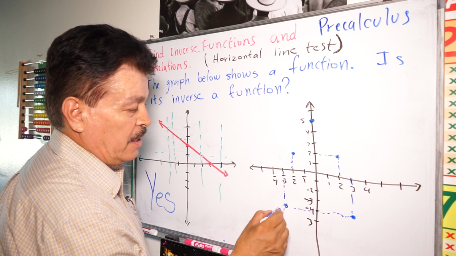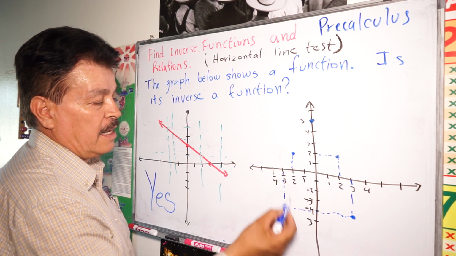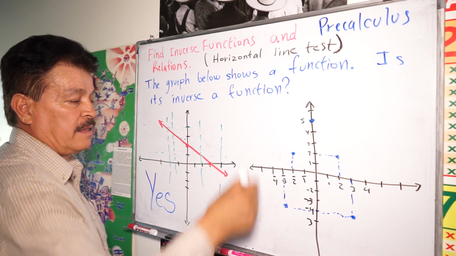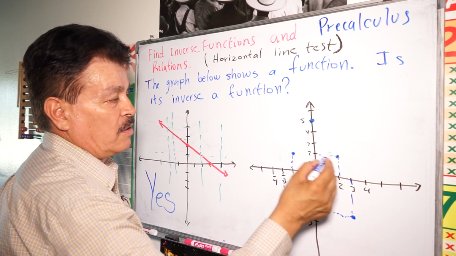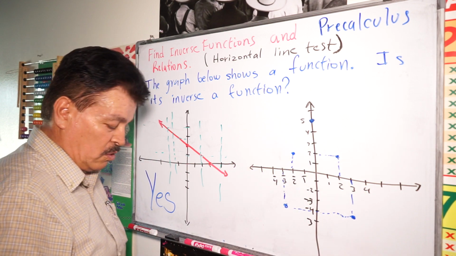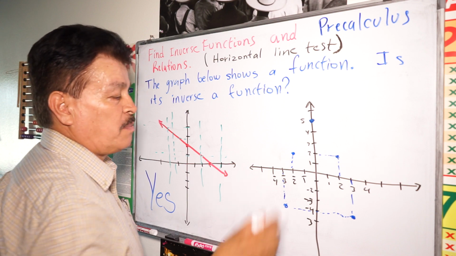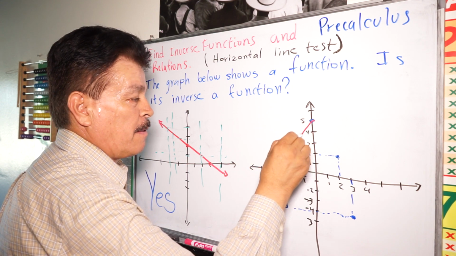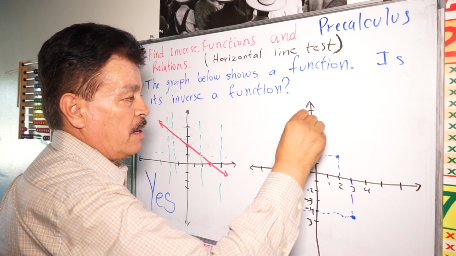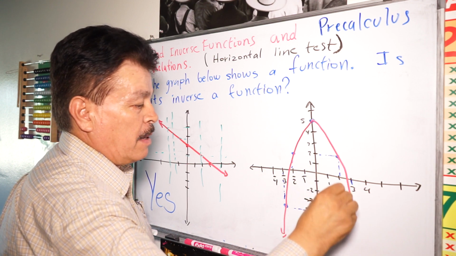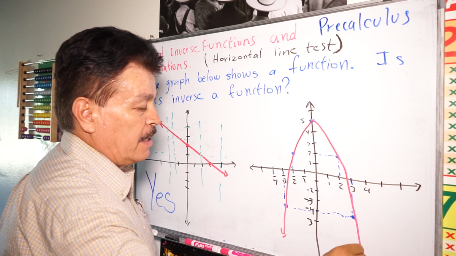This is 1 point here, and then negative 3 and negative 4, positive 3 and negative 4 right here. So our graph is going to cross these points. This is our graph.